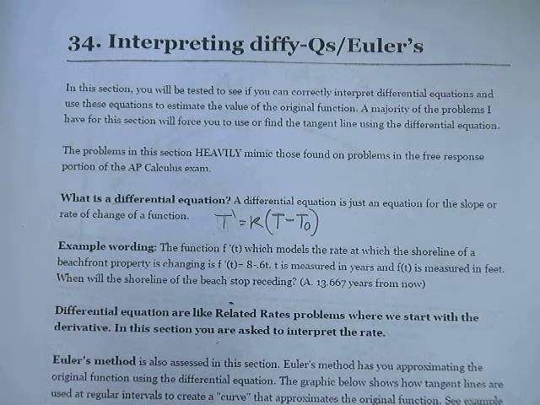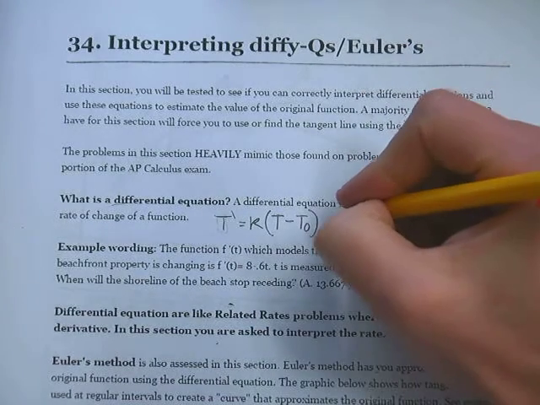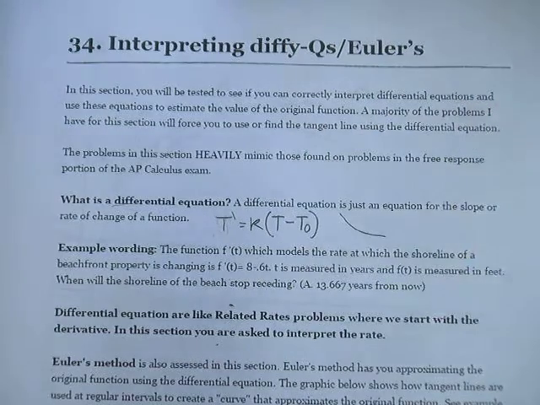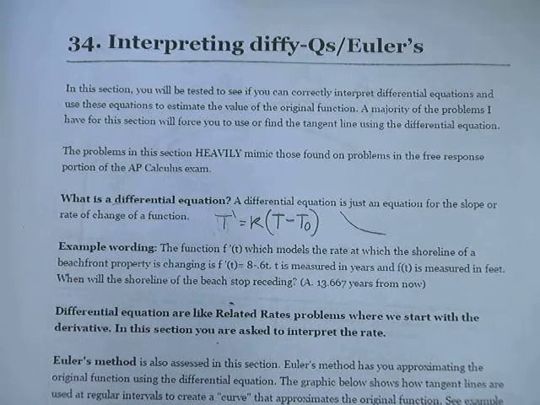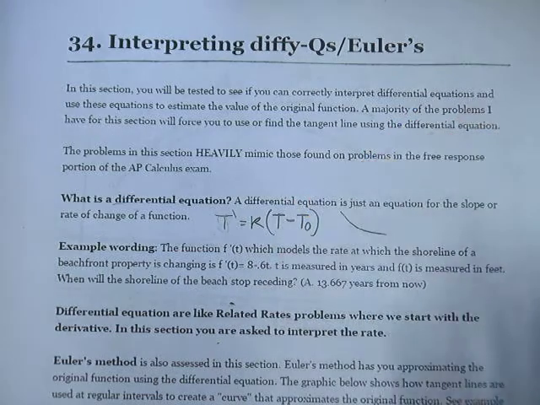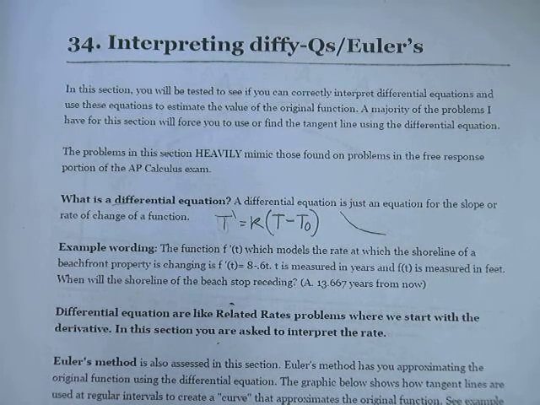So the rate at which a coffee cup cools down slows down as it goes along, because the difference between the current temperature and the room temperature gets smaller and smaller. If you have a cup of coffee that's 80 degrees and you're in an 80-degree room, your coffee won't cool down at all.